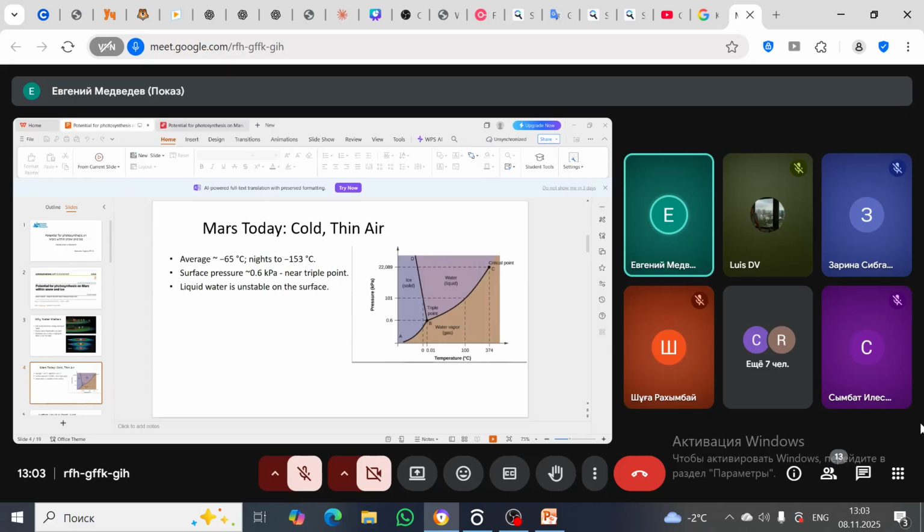But for ultraviolet safety, the DNA damage limit is around 0.1 watt per square meter.